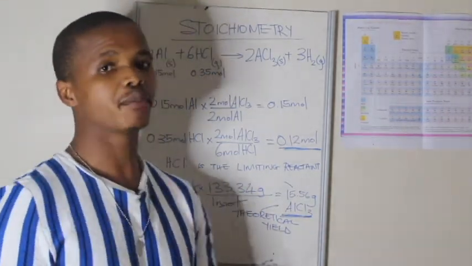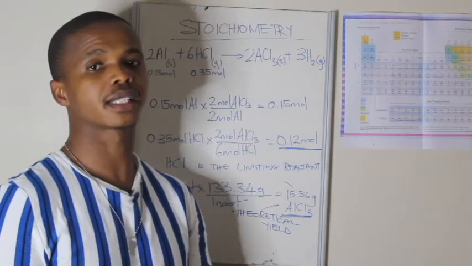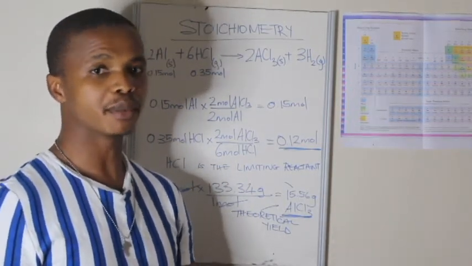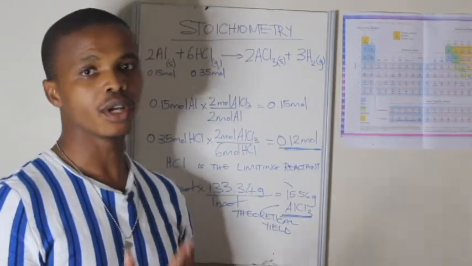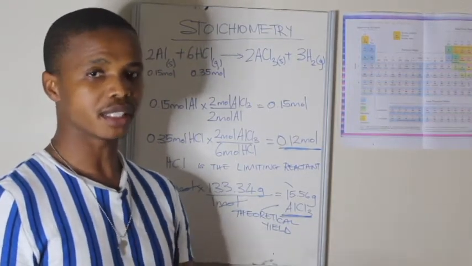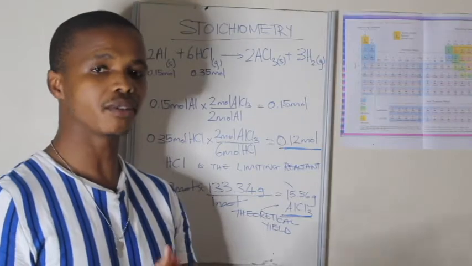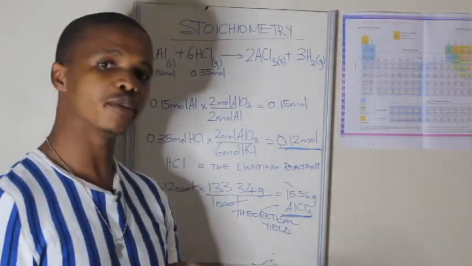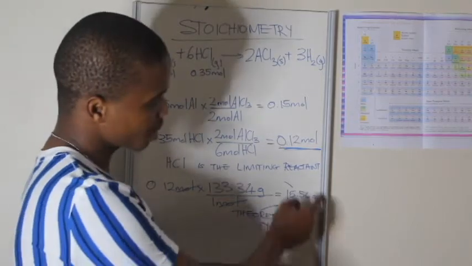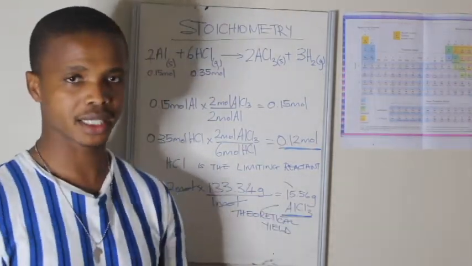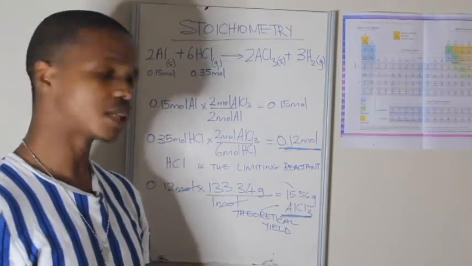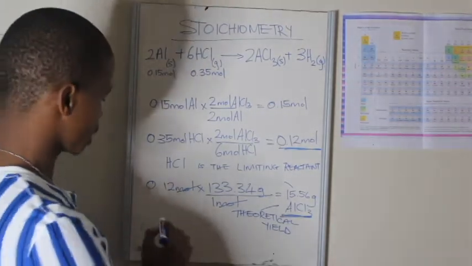Now, usually what happens in reactions is that there are lots of losses that occur, maybe during transfer or during heating. Some things evaporate, and you find out that when you perform your experiment, you don't actually get what you expected. Now that experimental amount that you get will be your actual yield.